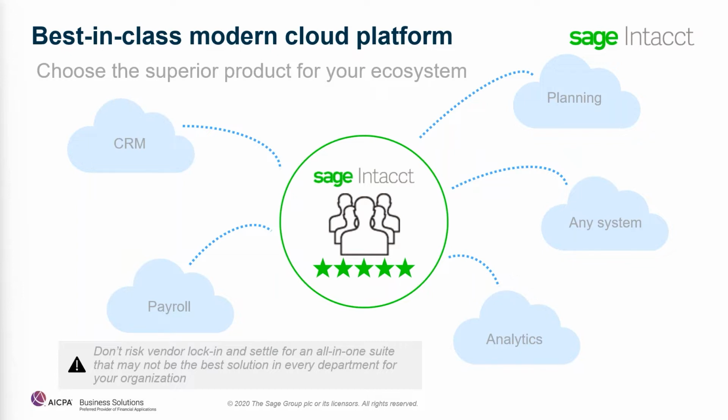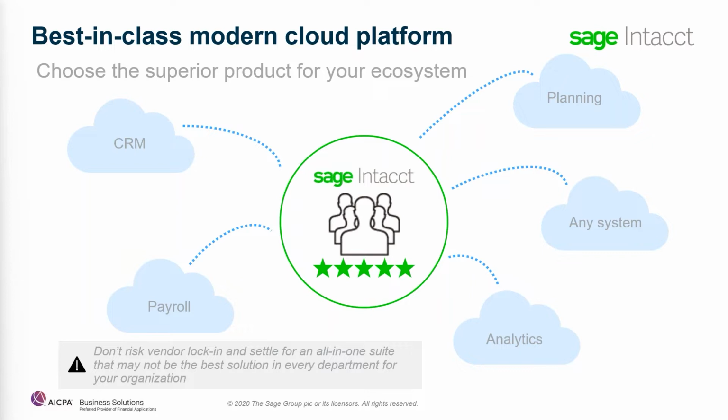So we are also what's known as a best-in-class cloud platform. That means that across the ERPs in our space, we are rated the highest, and accounting is really what we do well. So we want to be able to have you work with any other CRM platform, whether that be Salesforce or Sage CRM, or another payroll company if you outsource payroll to an ADP or something like that.